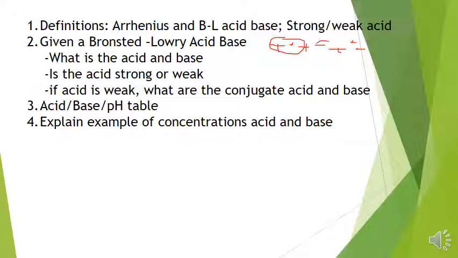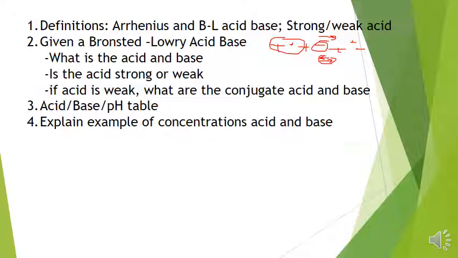And then, is the acid strong or weak? You can tell by the arrow: if it's just going to the right, then it's a strong acid. If it's going both ways, then it's a weak acid. Remember, that's a way of identifying if you have a strong or weak acid. It doesn't tell me the definition of a strong or weak acid.